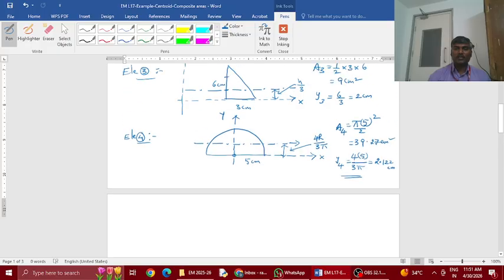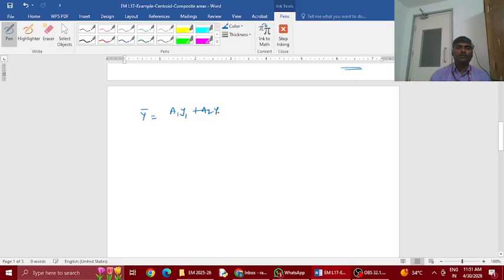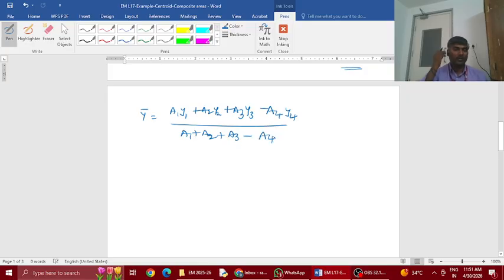Now let's try to substitute all these into the formula. Y bar is equal to a1 y1 plus a2 y2 plus a3 y3 minus a4 y4, divided by a1 plus a2 plus a3 minus a4.